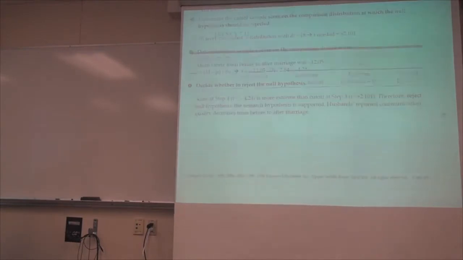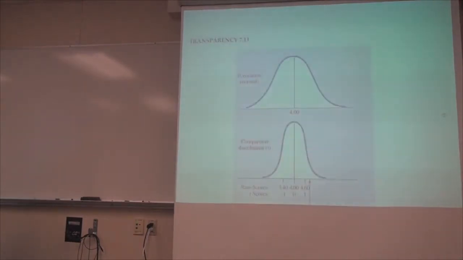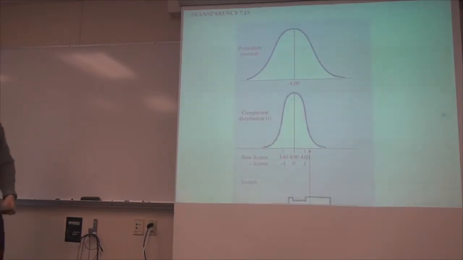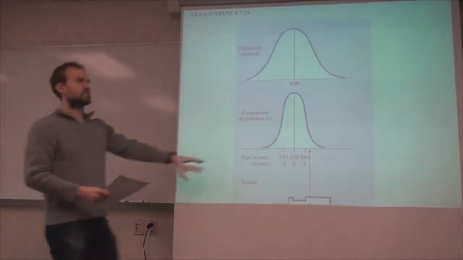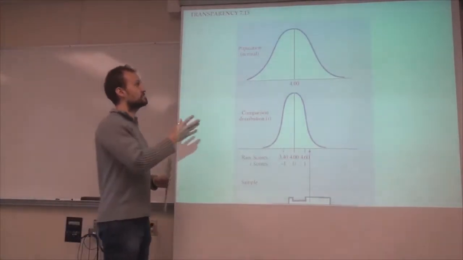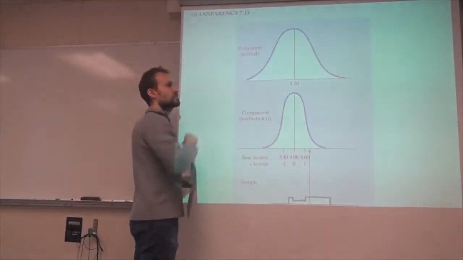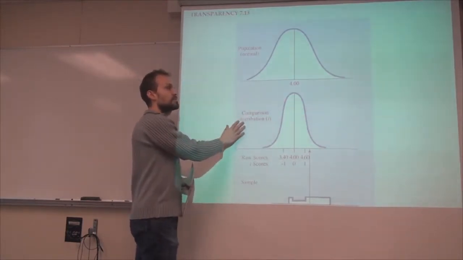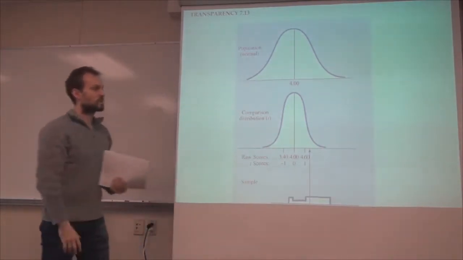Let me just check, do I have a sketch here? Yeah. So my population, that's not accurate, the numbers are not right, so don't look at the numbers, just the idea. I have a normal distribution of all the different scores. I look at my comparison distribution, which is the distribution of means again, because my sample is bigger than 1.